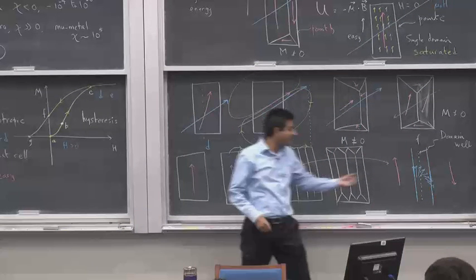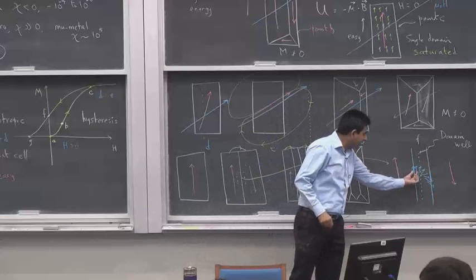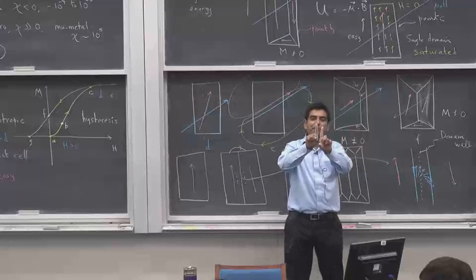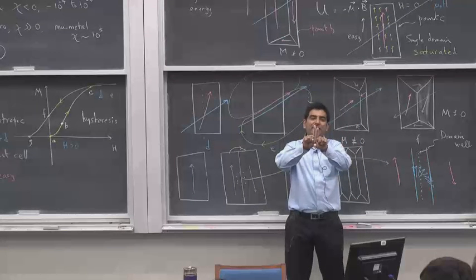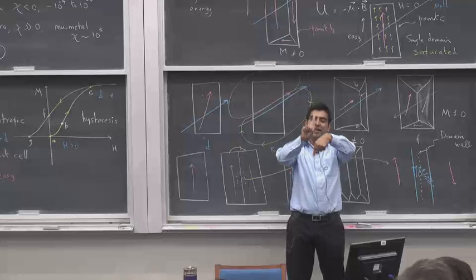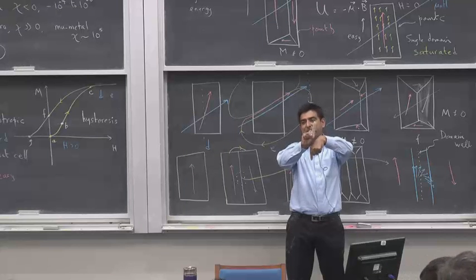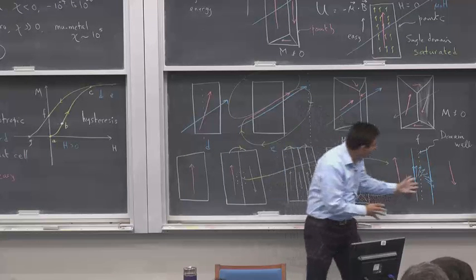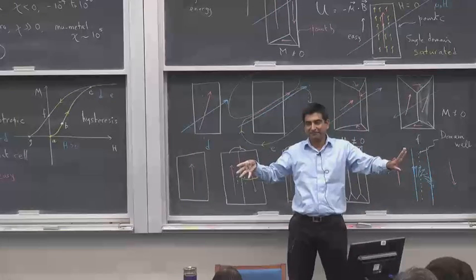This means that the exchange energy between two spins is not as drastically large as you would have if the spins were pointing in opposite directions. So this domain wall has a finite thickness.